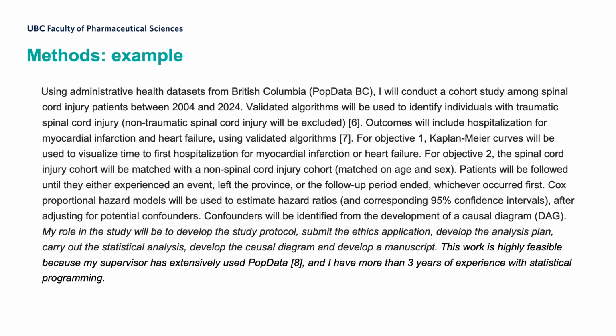And here's an example for methods. You can see the first part of this methods talks really about the study design and some of the outcome measures. And then you'll see the statistical analysis section. I'm really big on statistical analyses, but even here, it's just one sentence to describe the main analysis.